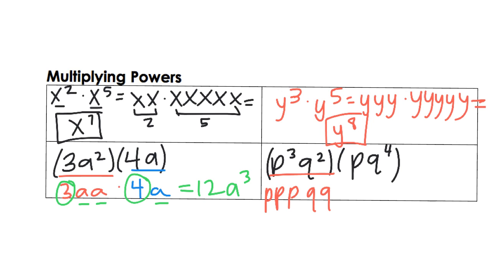And then over here, I have 1 factor of p and 4 factors of q. So then when I simplify, I have 1, 2, 3, 4 factors of p, so p to the fourth, and 1, 2, 3, 4, 5, 6 factors of q, so q to the 6th power.